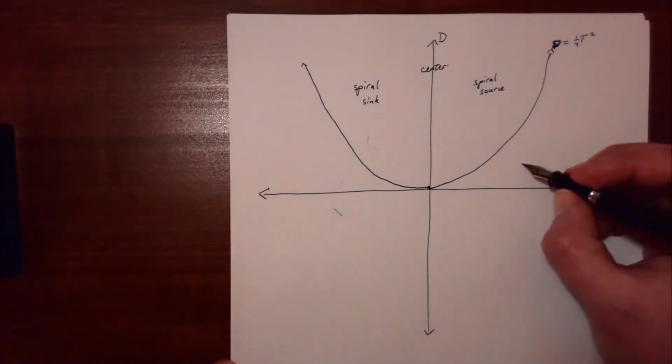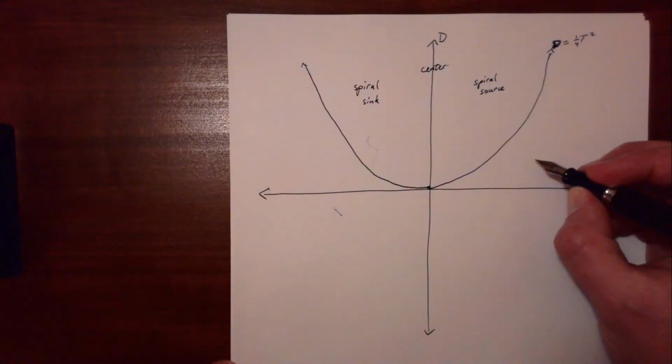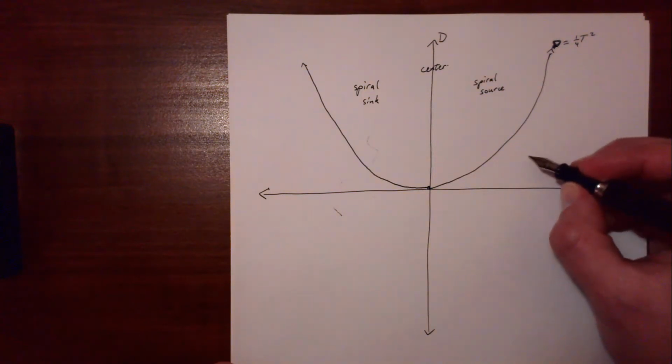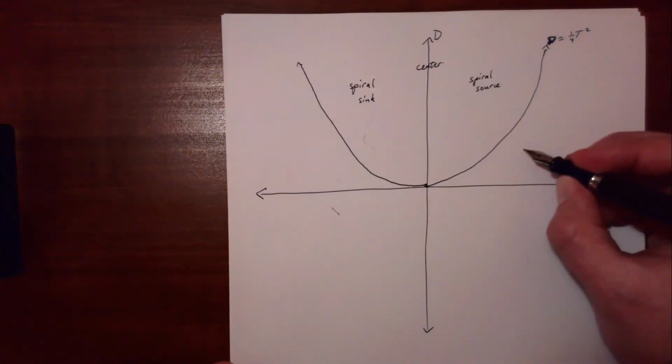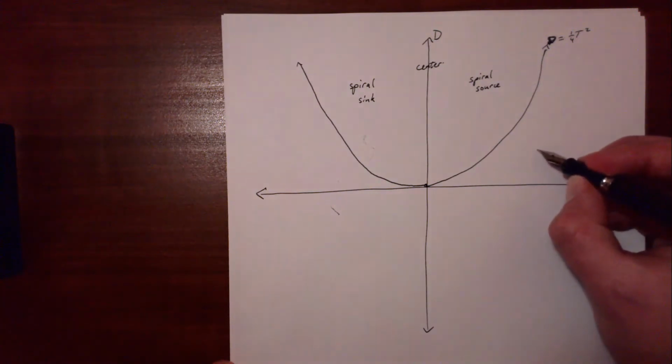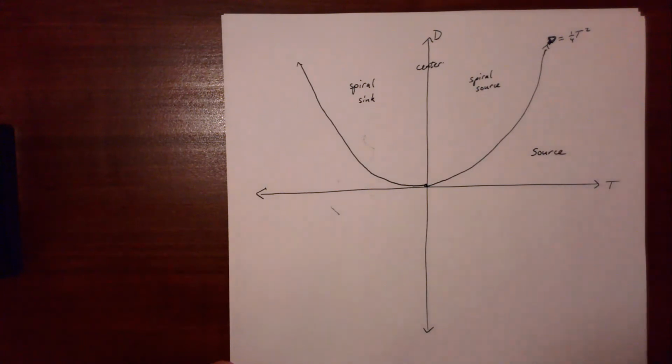So what that means is we have two numbers multiplied together to make a positive, so they have to have the same sign, so they're both going to be positive or negative, and since the trace is positive, that means the sum is positive, and that means they're both positive. So over here, this means a source. So it's just like a nodal source, just a point source.